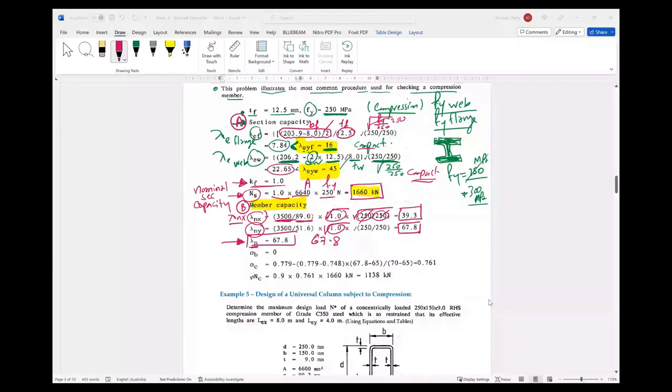So return back to the other file. So here I will write down, from chart alpha b equal to 0. So alpha c will be 0.779.